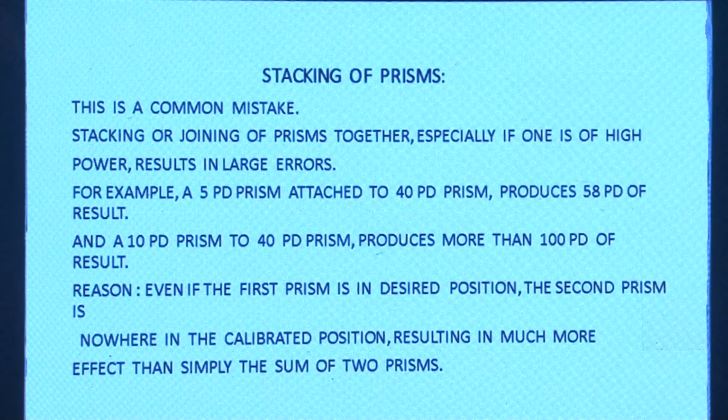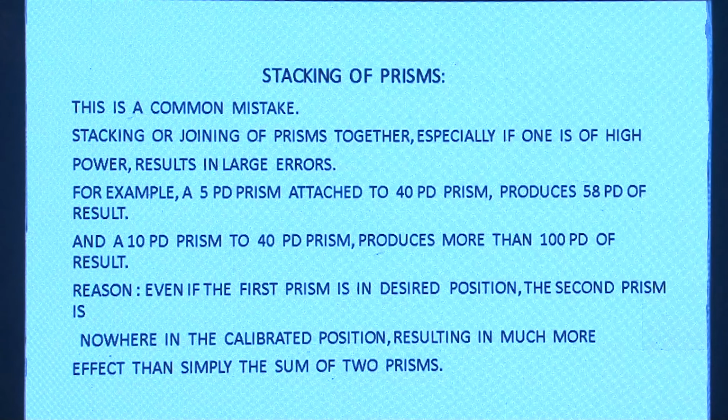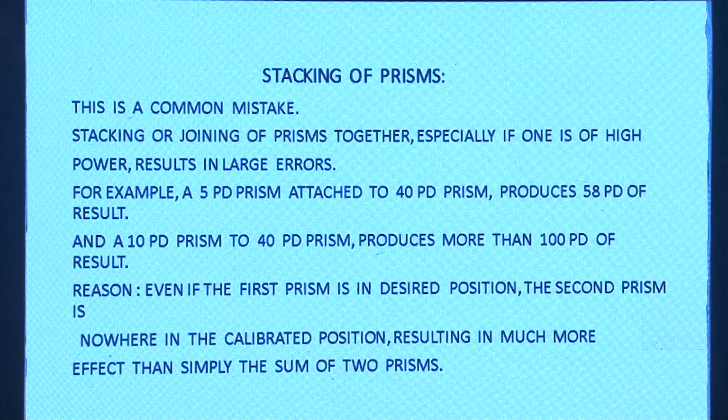Now stacking of prisms, that's very important. This is a common mistake. Stacking or joining of prisms together, especially of high power, results in large errors. For example, देखिए आप, you can copy it down or you can take a photo if you need. See, for example, a 5 PD prism attached to a 40 prism. अब आपने 40 किया और देखा कि अभी भी 60-70 का है, मान लीजिए exotropia और esotropia.